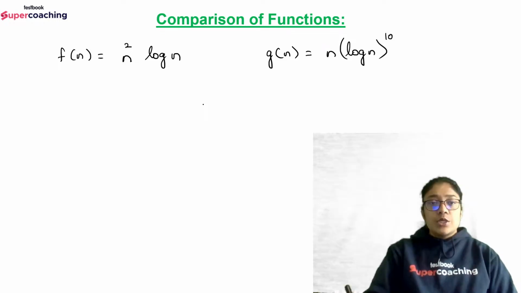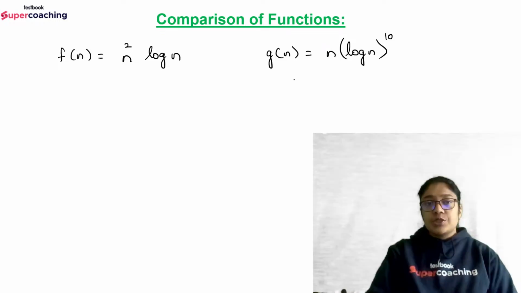So these are the two functions. We can see that यहाँ पे n की power 2 है, यहाँ पे n की power 1 है, but log n. So we need to apply some function. अब यहाँ पे एक आप टेबुलर मेथड यूज कर सकते हो, दोनों केसेस में आपके पास n log n आ रहा है, you can divide both the functions by n log n, then you can do the comparison.